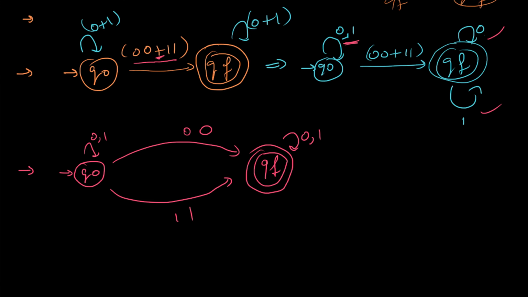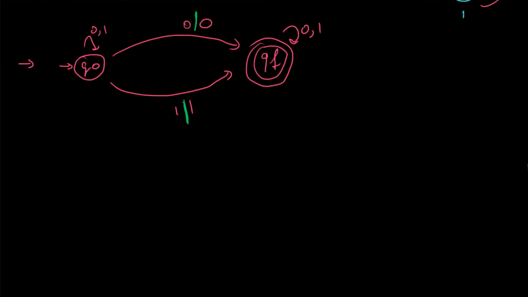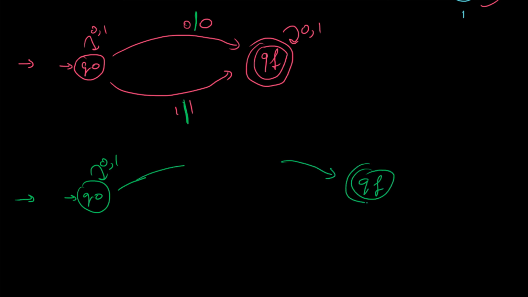So now we have our concatenation between these two, and we can change the concatenation part to a normal graph.